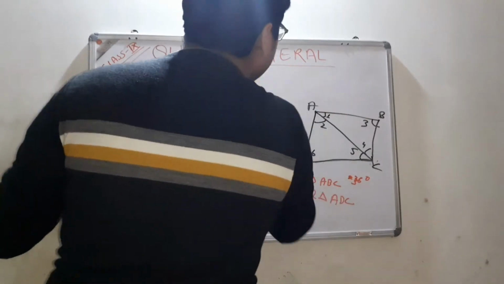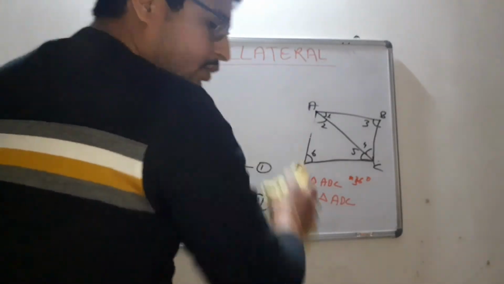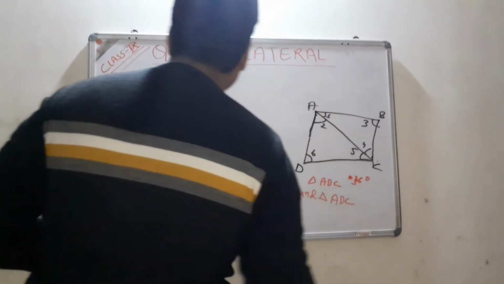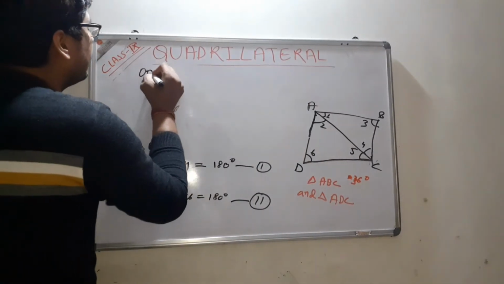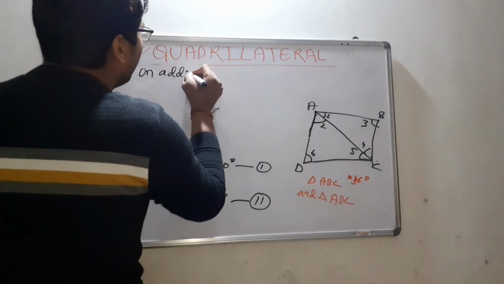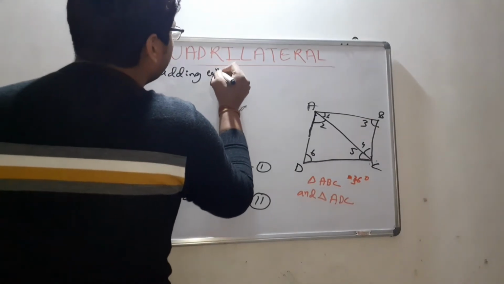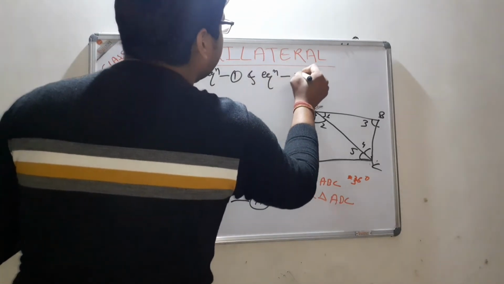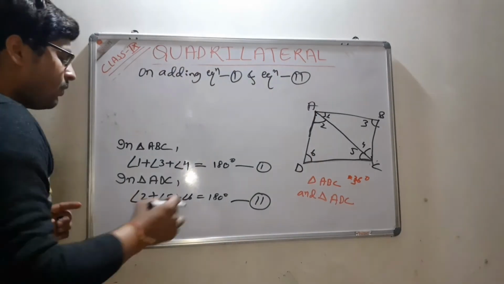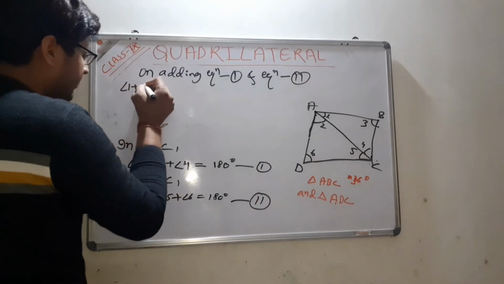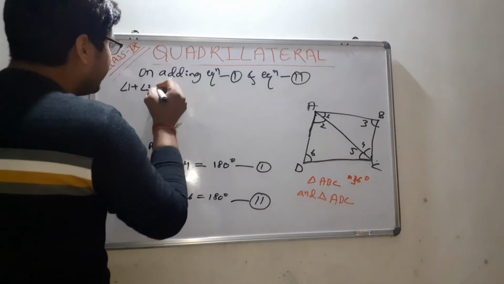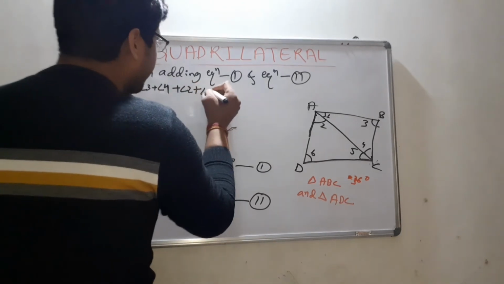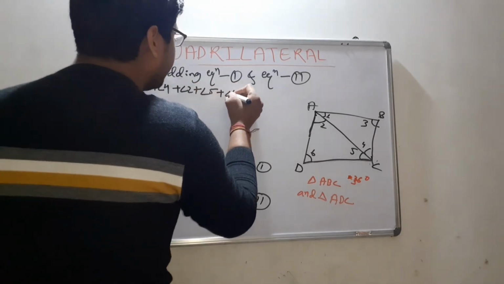On adding equation 1 and equation 2, we get angle 1 plus angle 3 plus angle 4 plus angle 2 plus angle 5 plus angle 6.